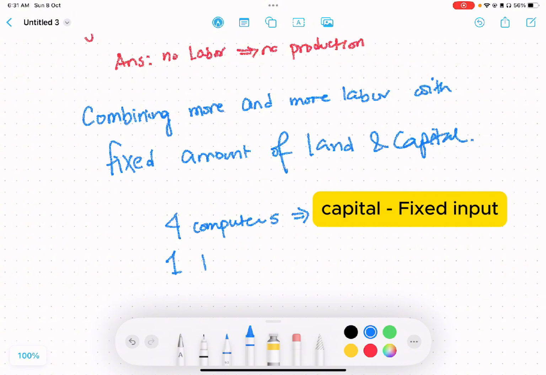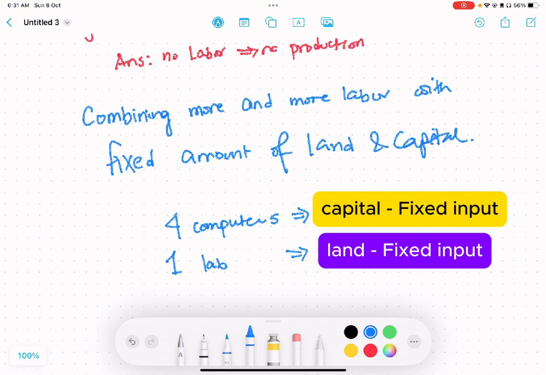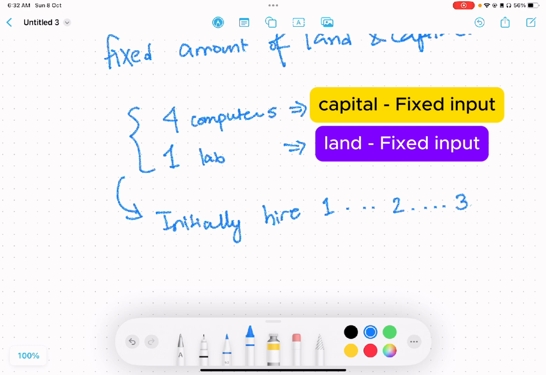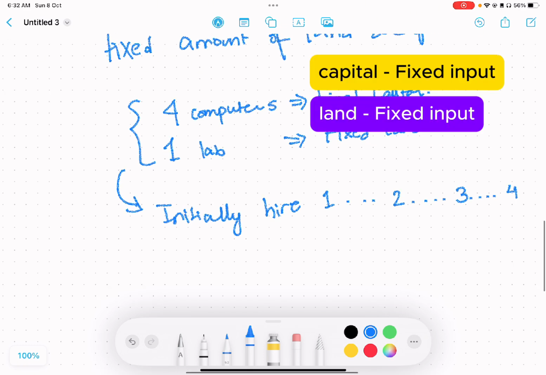And also you've got 1 lab, so your land is also fixed. Initially, let's say you hire 1 and then 2 and then 3 and then 4, then it's all good, right?